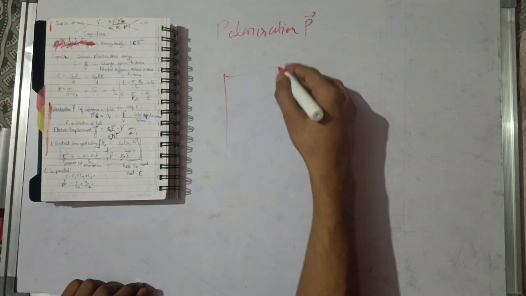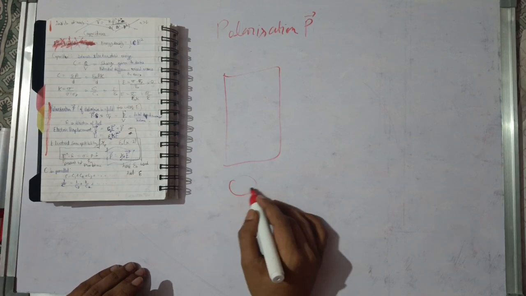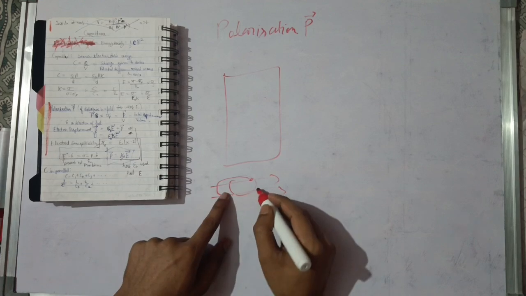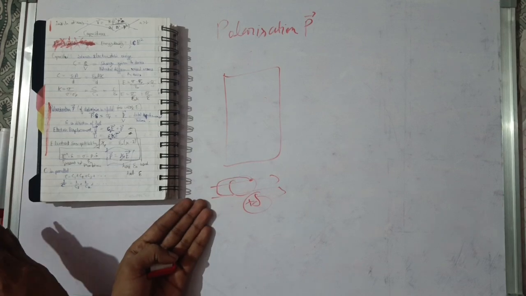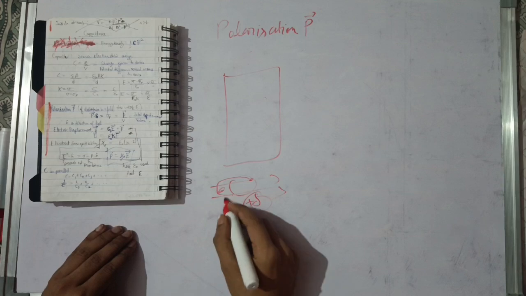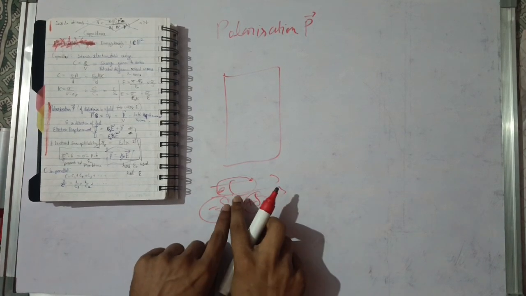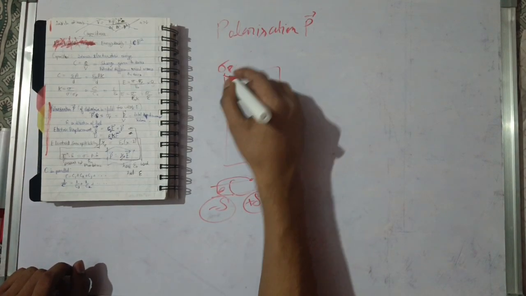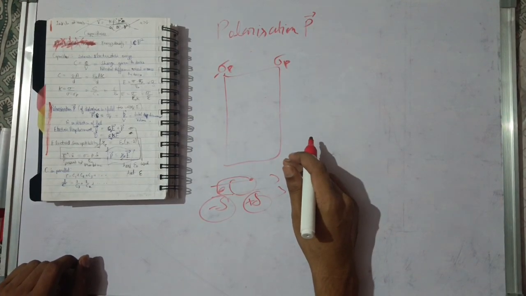When there is a dielectric medium, we know that it has atoms which, under the influence of an electric field, have their electrons start shifting in one direction, which leads to a delta positive charge on one side. The side to which the electron is forced to move due to the electric field force, let's say this electron is shifted in this direction, will have a delta negative charge. So this polarization of atoms all over the body creates some sigma p charge density on one side and minus sigma p on the other.